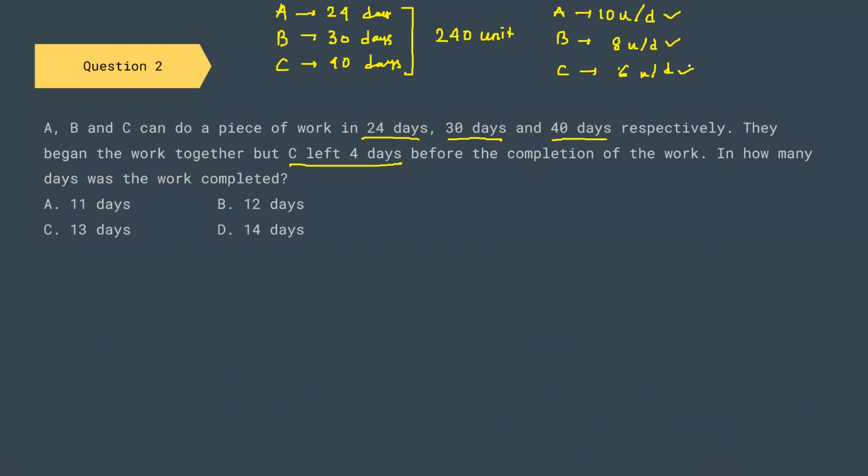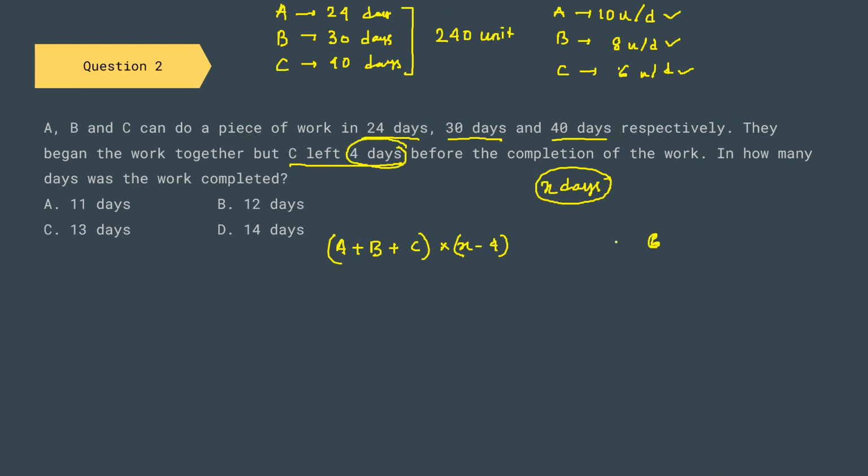Now let us come to the question. Let us assume that the total work was completed in X days, and we have to find this value for X. A, B, and C together work for X minus 4 days, and C left just 4 days before the completion of the work.